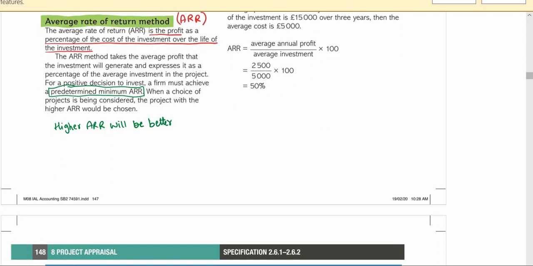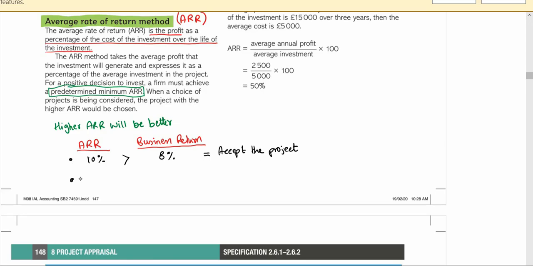You can see this is the ARR and this is the business return. For example, ARR is 10% and business return is 8%. So ARR is greater than business return, we will accept the project.